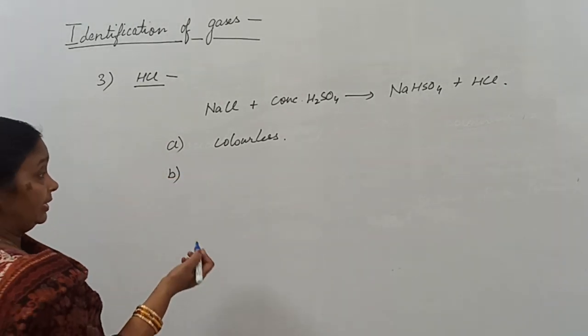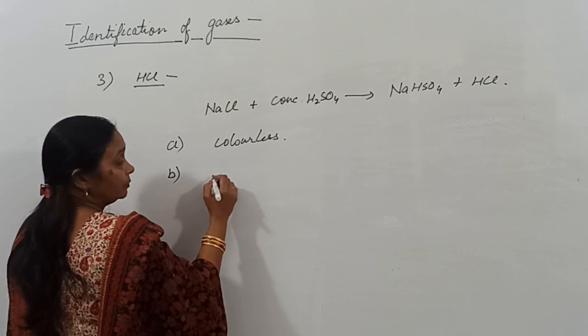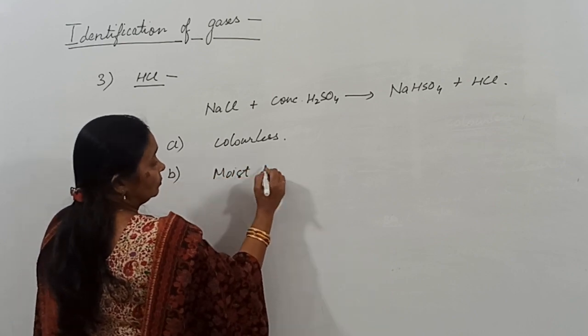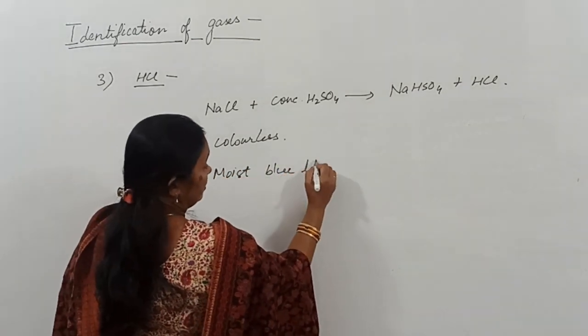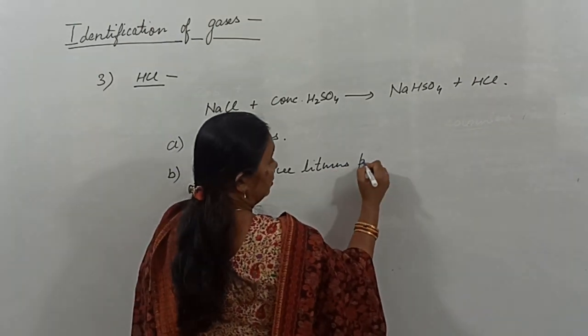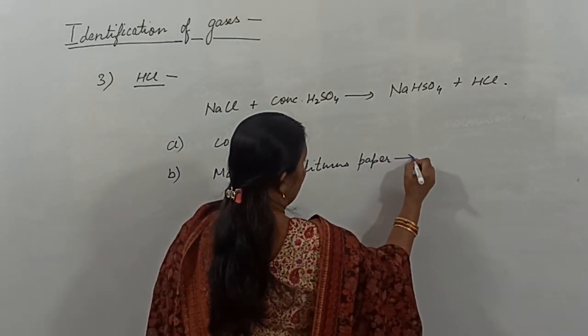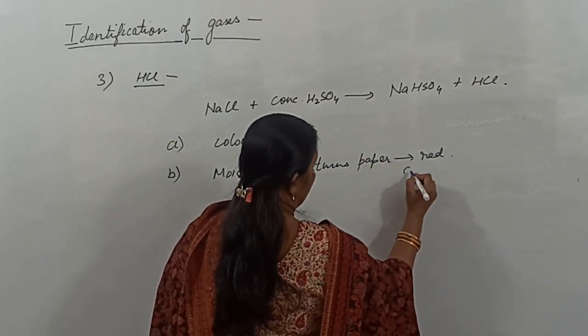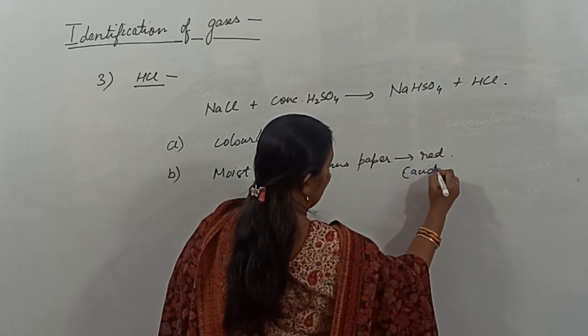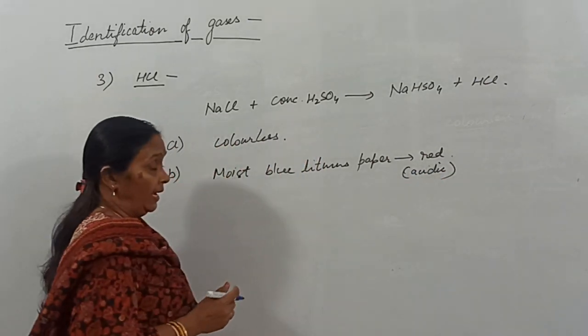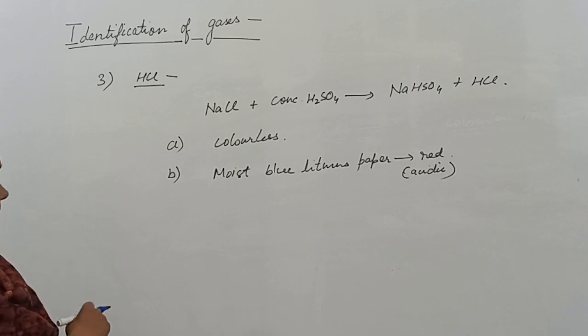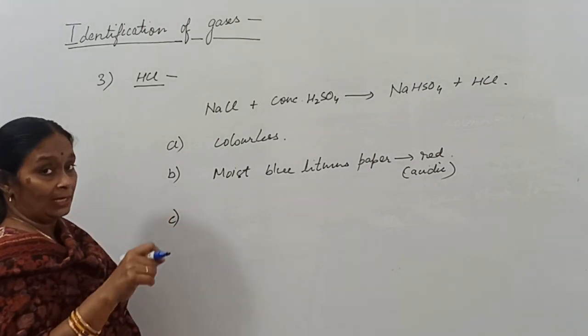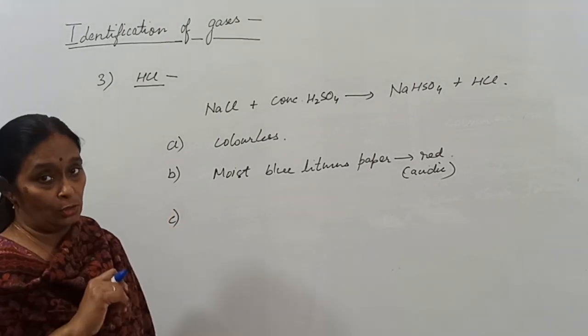It is also acidic in nature, so it turns moist blue litmus paper red. Now to test this gas, what is done? We take a glass rod and dip it in ammonia solution.